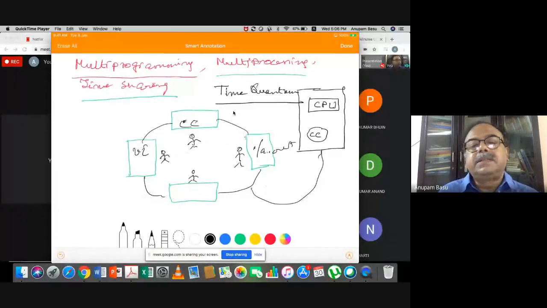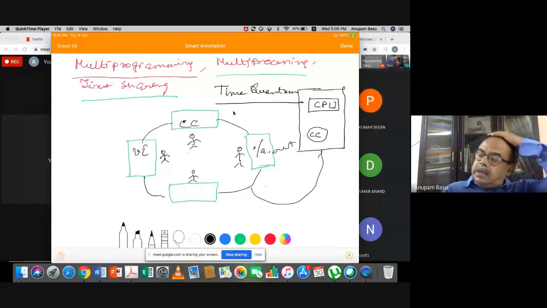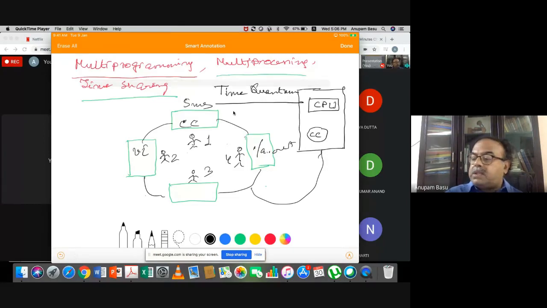By the operating system. And suppose that the time quantum optimally is 5 milliseconds. So for 5 milliseconds, roll number 1's process is executed. If he has got IO, then fine, he goes for IO, and let him come back again. But if he is in the exec mode even after 5 milliseconds, he is pushed out.